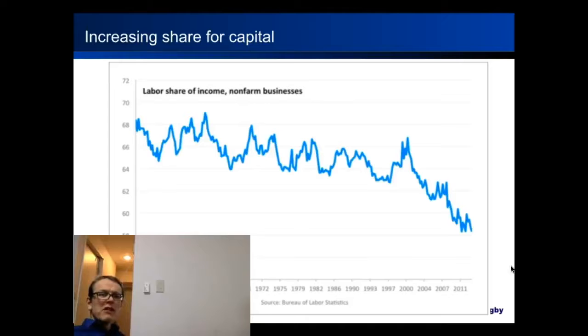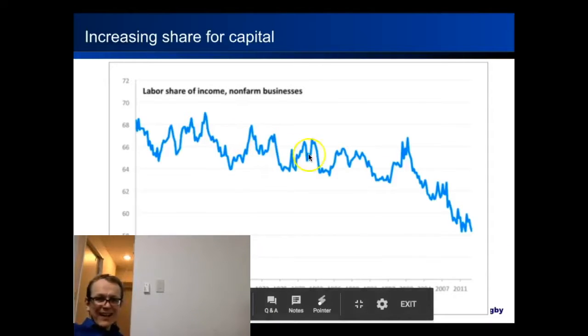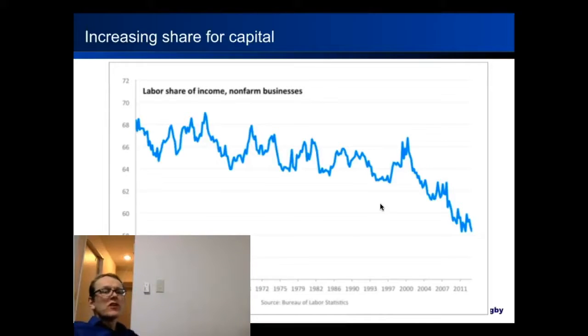And the labor share of income in the non-farm business, so in the secondary and tertiary sector, we see that the labor share in income is also decreasing. So this basically tells the same story. We see that this is on the decline. What does labor share of income mean? So there is less of the total income.